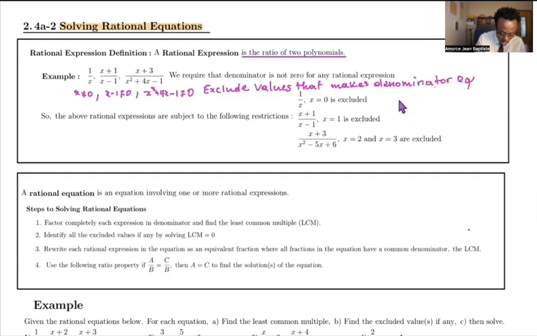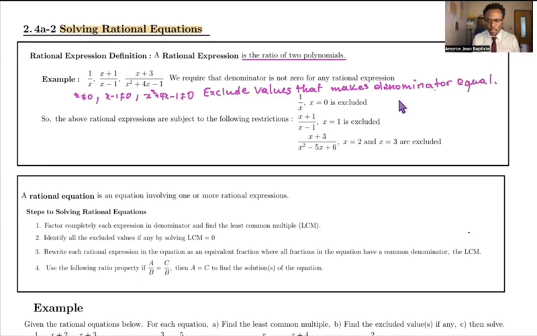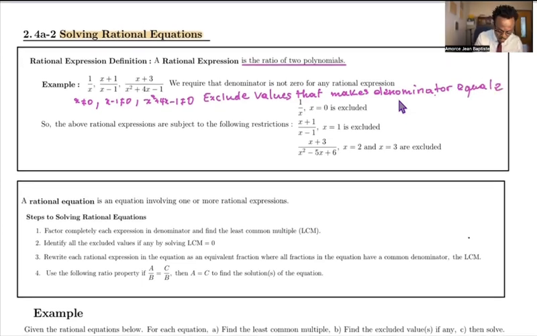So that means if you're solving a rational equation, the first thing you want to do is make sure that the denominator cannot be 0. All the values that make the denominator equal 0, you need to make sure that these values are banned from being solutions.